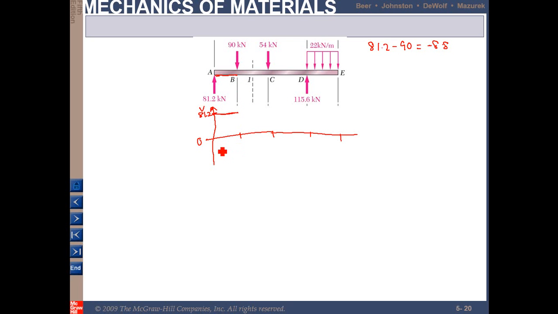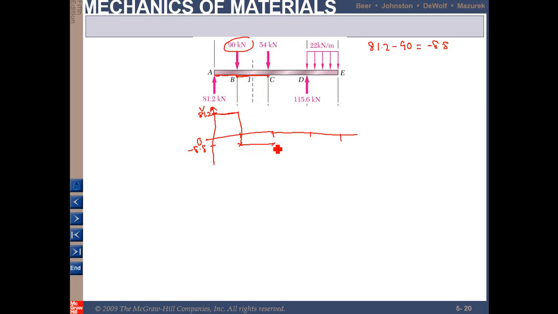So this one, because it has 90 kilonewton going downward, it will fight with this force. So this will go down to minus 8.8. And then because there is no any force acting between point B to point C, it will be a straight line for the shear diagram.